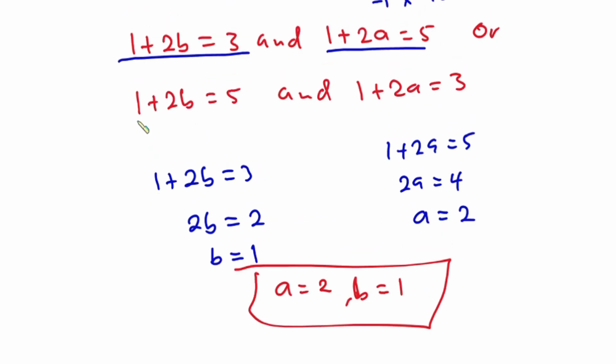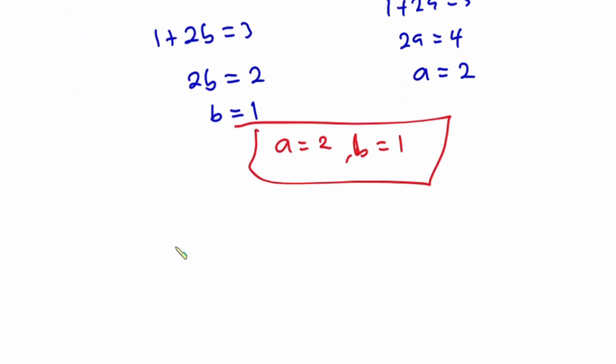Now let's come to the second one. So I'll call this first case and call this second case. So considering the second case from the first equation, we have 1 plus 2b is equal to 5. Now making b the subject, we have 2b is equal to 4. So this implies that b is equal to 2 when we divide each side of the equation by 2, right?